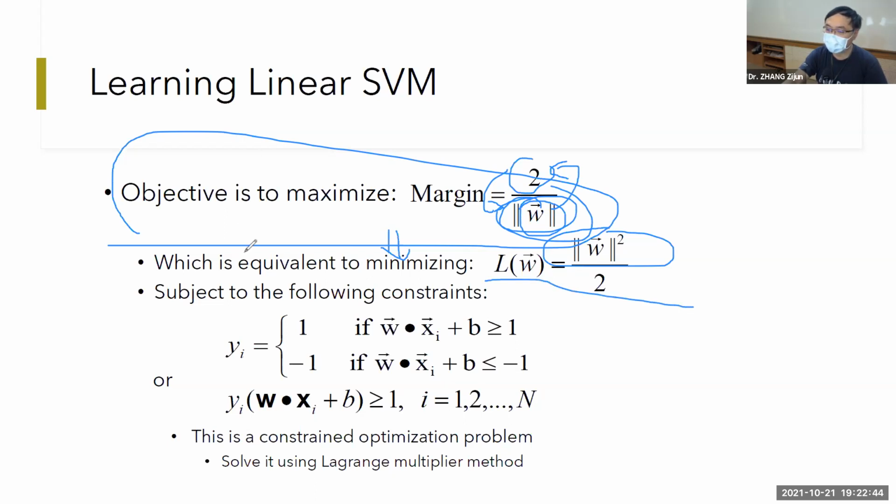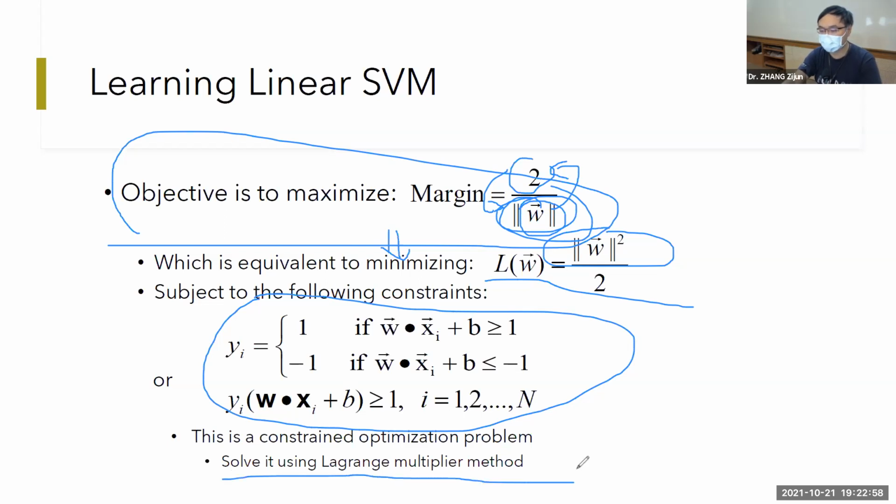And such an objective needs to be optimized subject to the following constraints. Such a constrained optimization problem we solve using Lagrange multiplier methods.